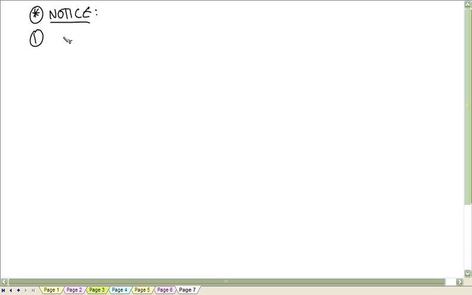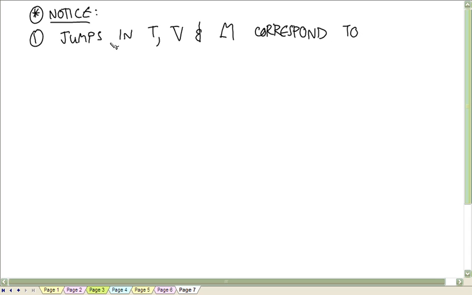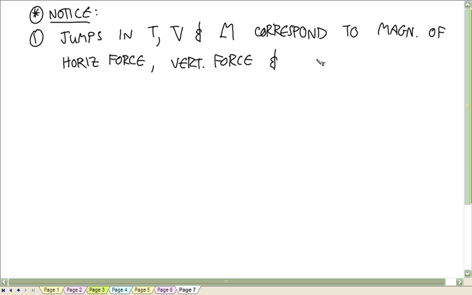So jumps in the tension, shear force, and bending moment correspond to the magnitude of the horizontal force, the vertical force, and the point couple, respectively.